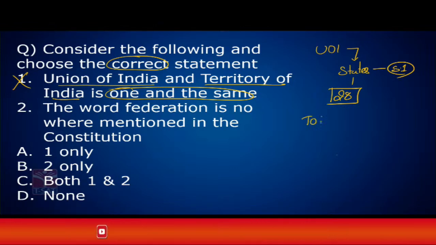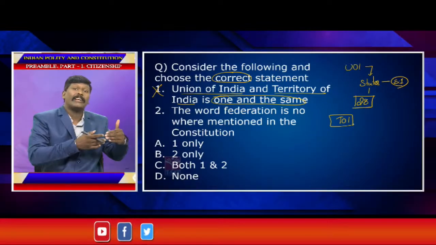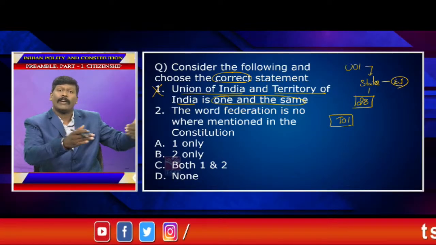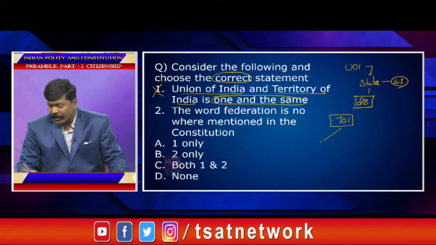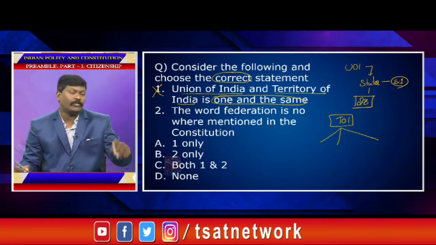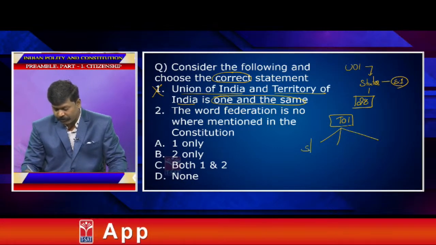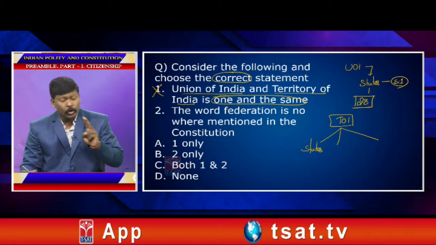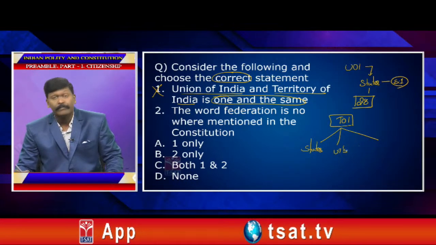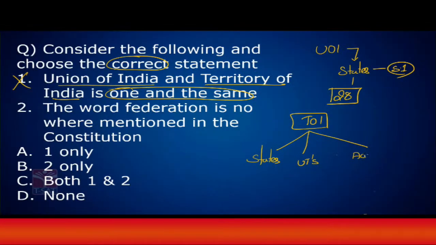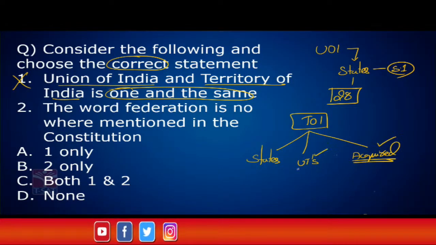Territory of India is the extent of the geographical area of India. Territory of India consists of 3 things: 1, the states; 2, the union territories; 3, the territories to be acquired in the future.